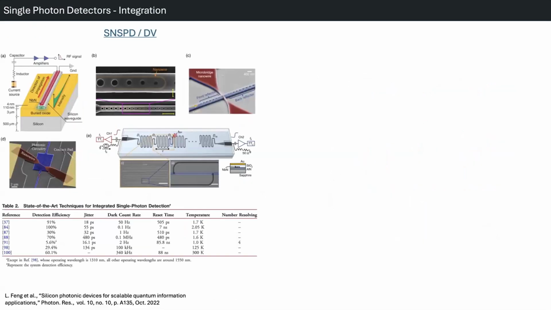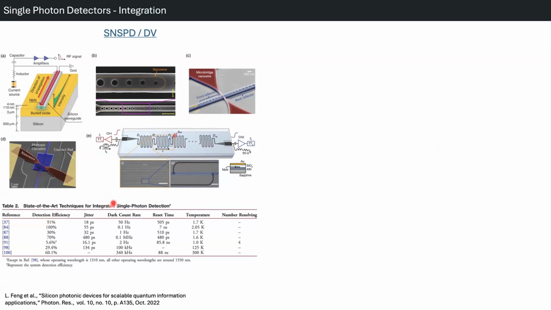For integration, SNSPDs are already implemented in several devices, even for research and commercial companies. Here we see some literature review. We see some NbN structures already implemented with silicon waveguides, produced together in a commercial foundry, and another with multiple SNSPD detectors together.